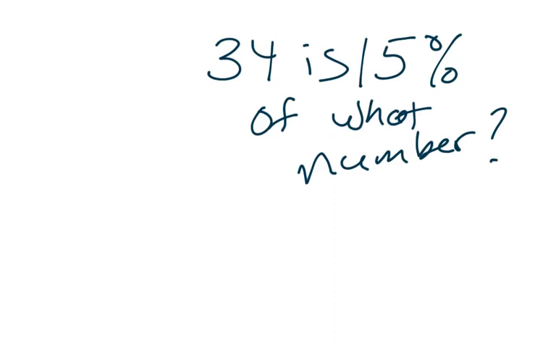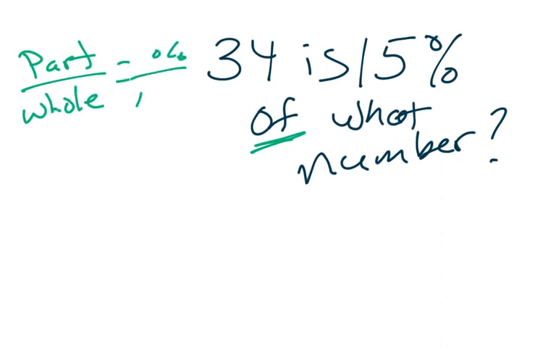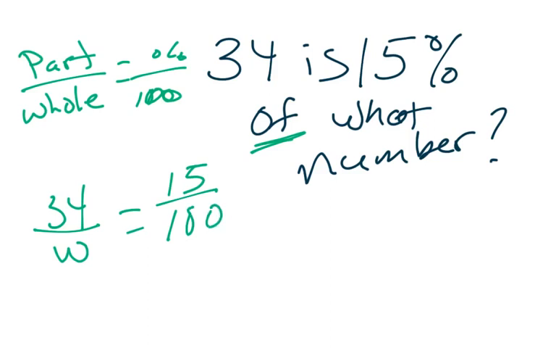So what you have to look at here are the words. Now, that word of, we talked about that at the beginning of the video. What comes after of? Your whole does. So if I use part over whole equals percent over 100, this is my whole, 34 is my part, 15 is my percent, and that's always out of 100.